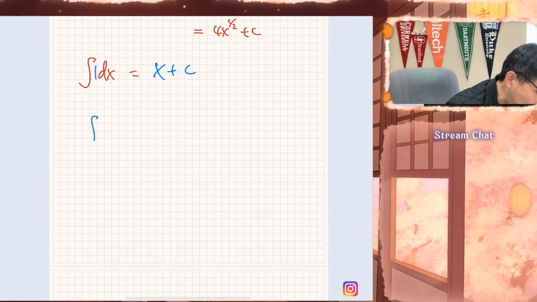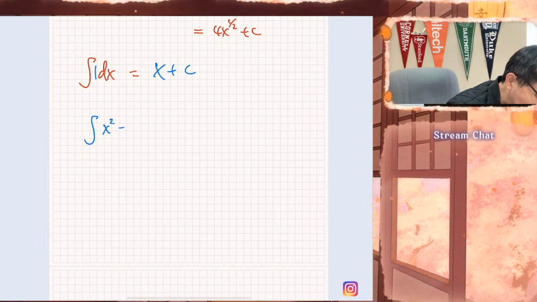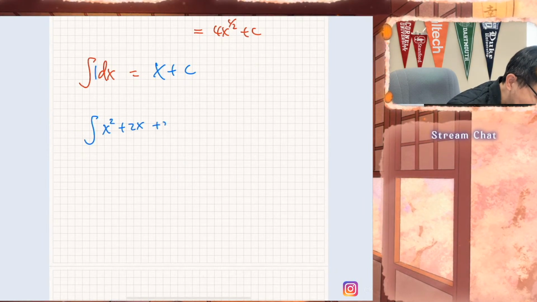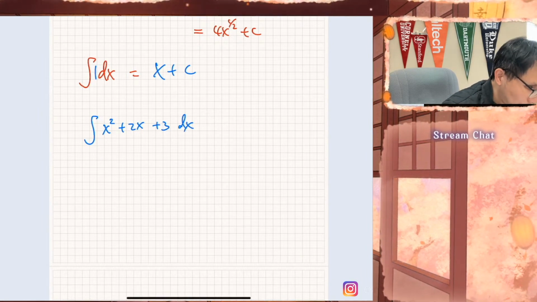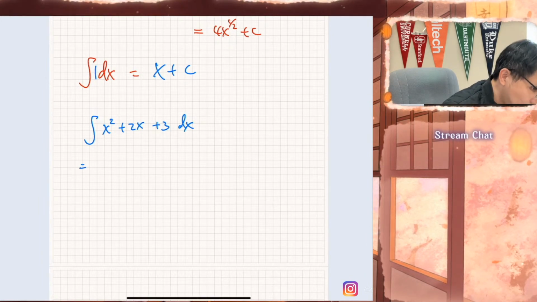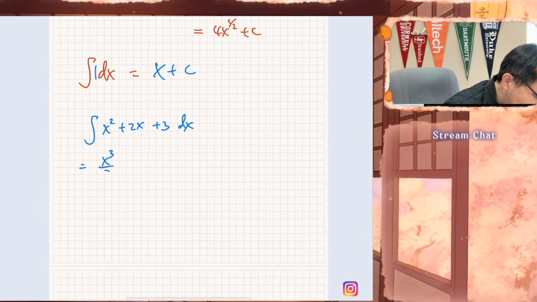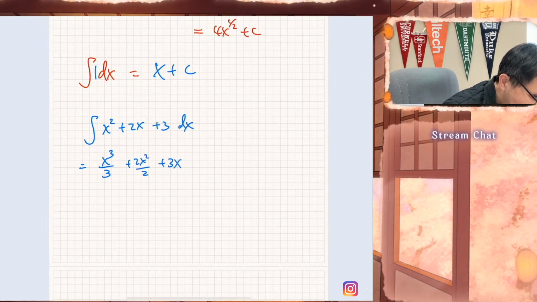Okay, so remember that we talked about how it can break up into pieces, right? So let's just say x squared plus 2x plus 3. They can break up into pieces, but I'm just going to do the integral because they are simple integrals. So it'll be x cubed over 3 plus 2x squared over 2 plus 3x. Does that make sense?